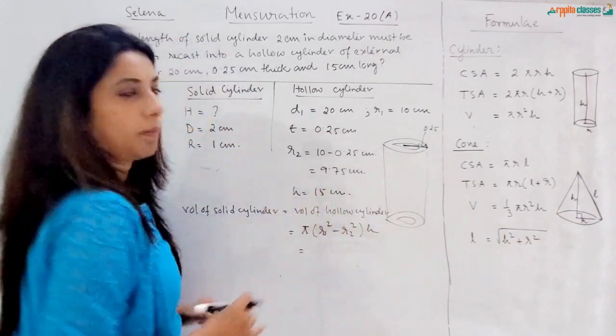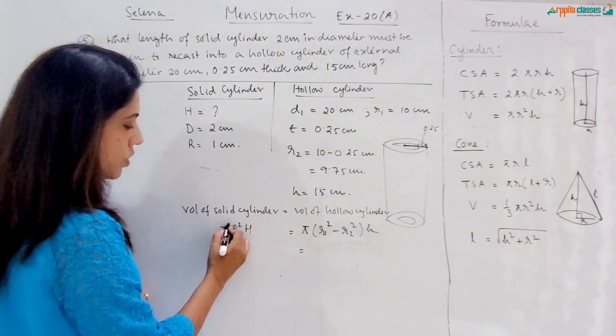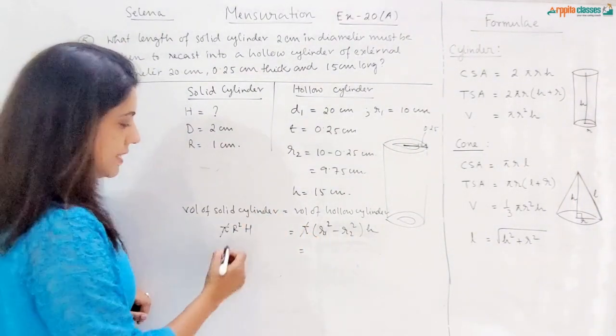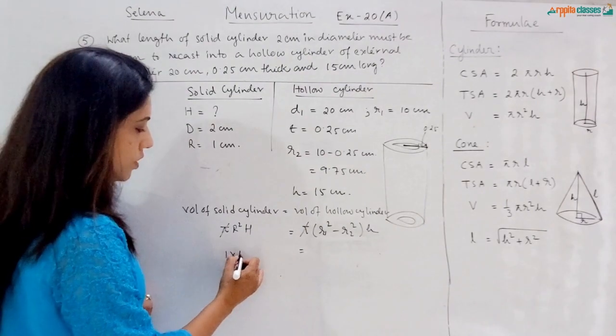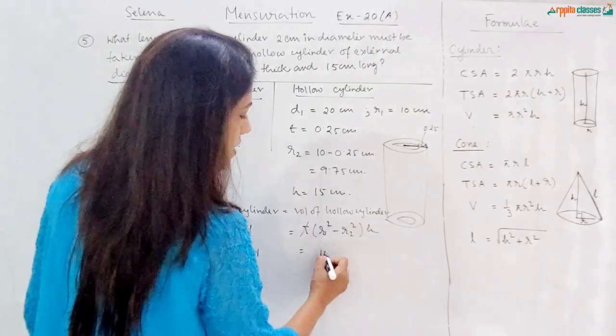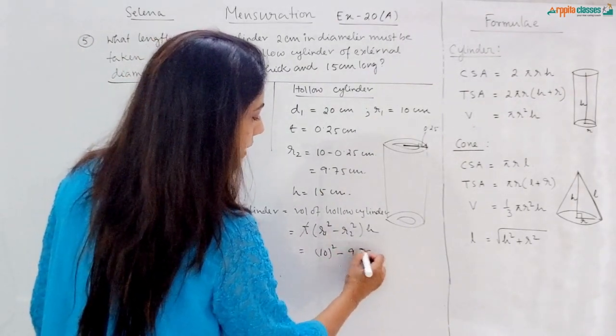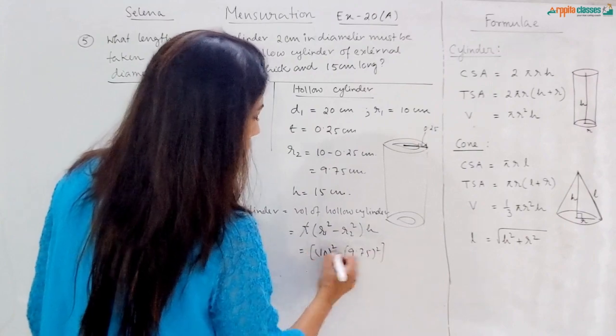This is the volume of the hollow cylinder and here it is pi capital R square H. From both sides pi will get cancelled. Capital R is 1, so 1 into 1 into H is equal to R1 square. R1 we have 10, so it is 10 square minus 9.75 square, and this whole thing into h.